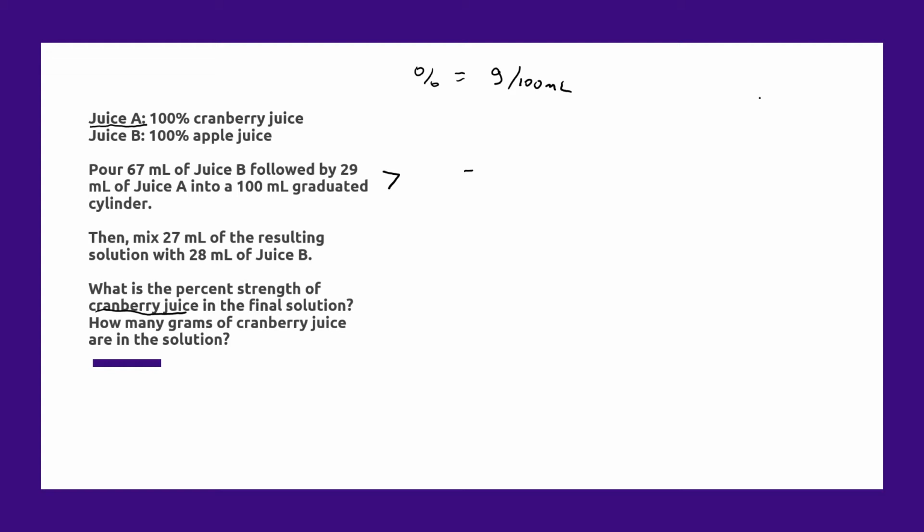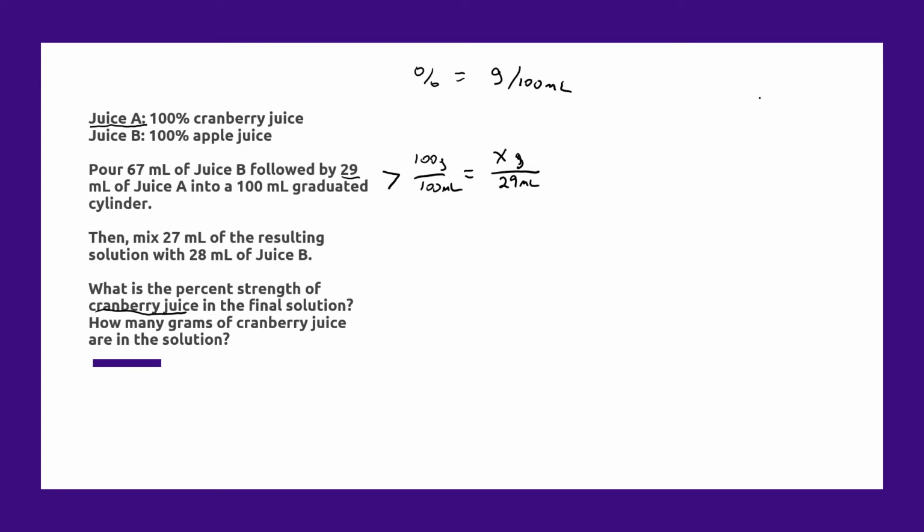To do that, we set up a proportion, and the way I teach this is always put what you're solving for in the numerator on the right. So how many grams are there per 29 milliliters, because that's how many milliliters of juice A we're going to use, when we know the concentration is 100%, meaning there's 100 grams per 100 milliliters.